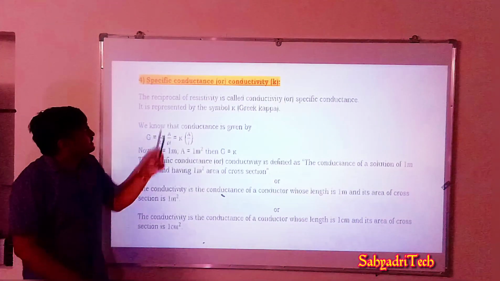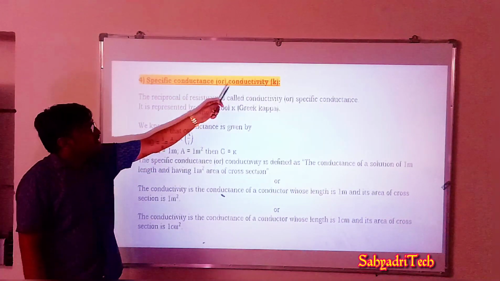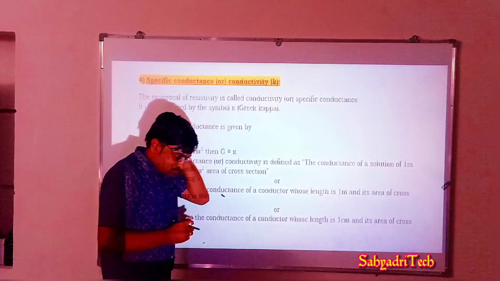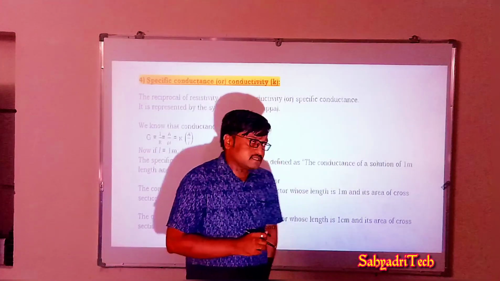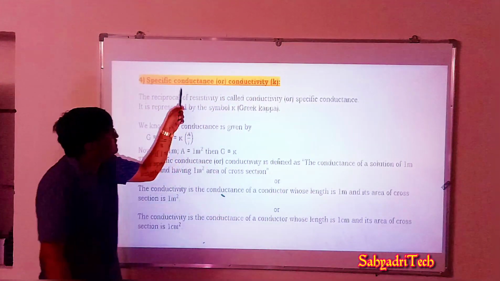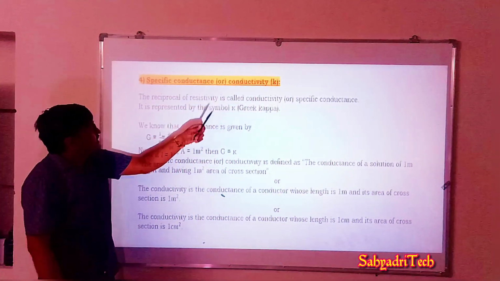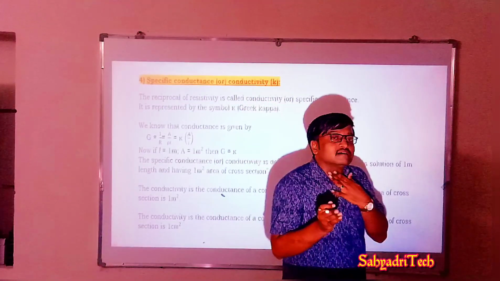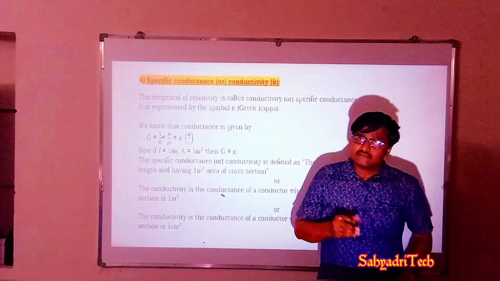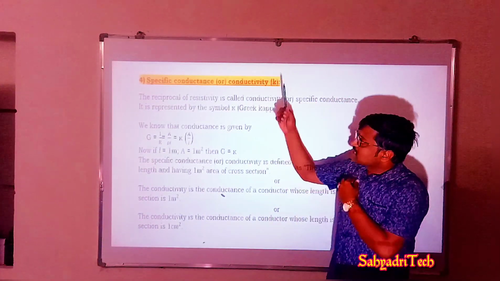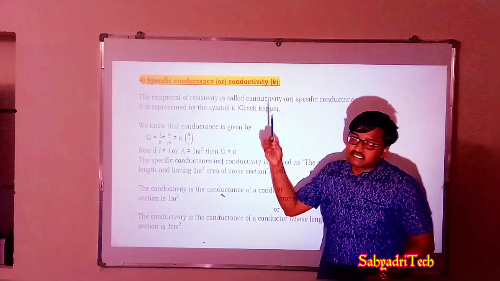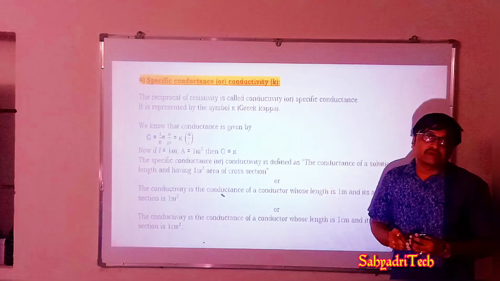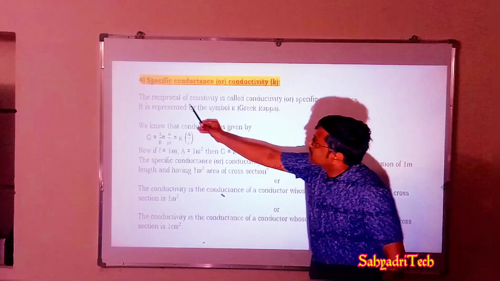Coming to the fourth one, that is specific conductance, or it is also called conductivity. It is the fourth term which is commonly used in electrochemistry. Just like resistance and conductance are inversely related, similarly specific resistance, resistivity and conductivity are inversely related with one another.